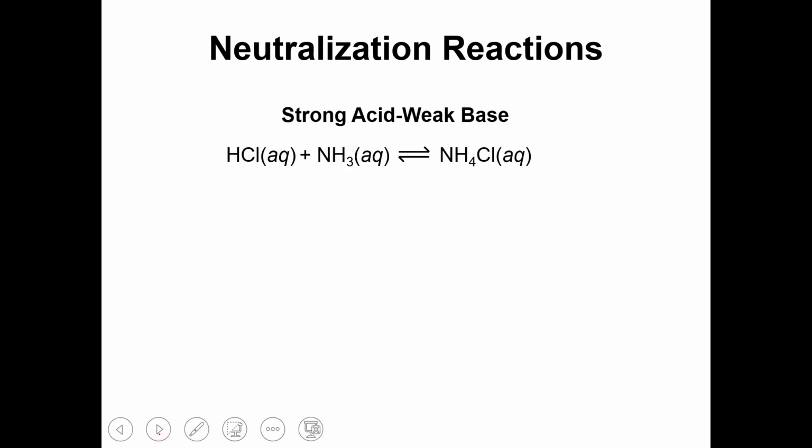If we have the opposite scenario, we have a strong acid and a weak base. If we write our net ionic equation, a strong acid dissociates nearly completely, so we would have H plus and Cl negative ions. Ammonia is a weak base. And for our NH4Cl, that is ionic.